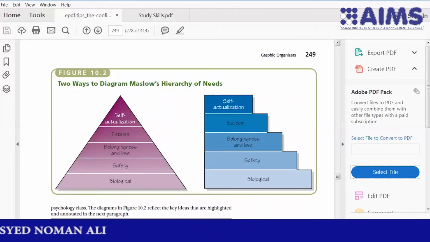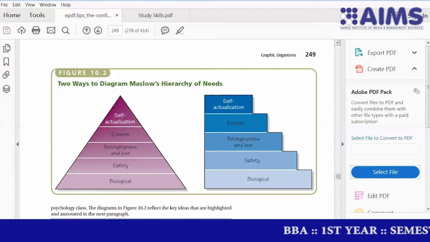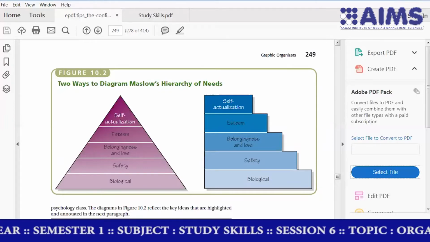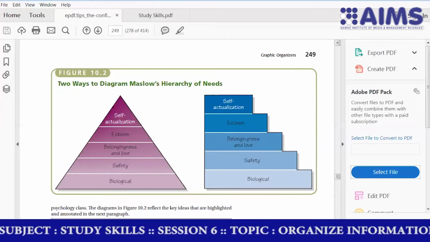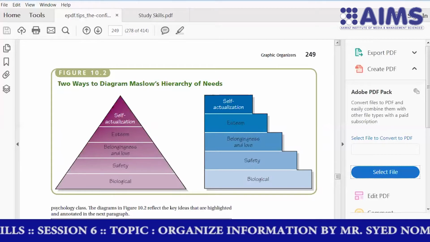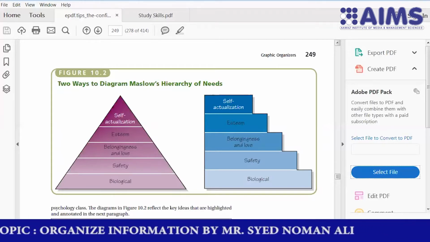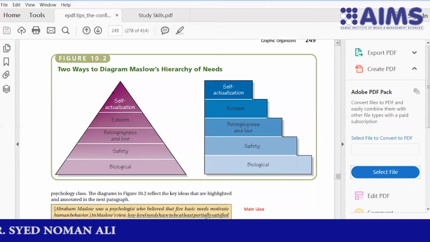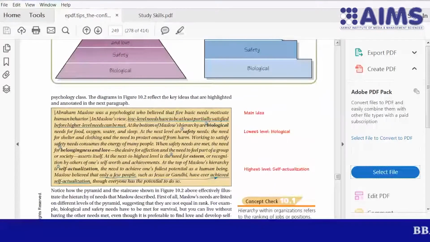The first is the biological need; when we satisfy it, we go toward the next level of need. Then belongingness and love, esteem, and the final one is self-actualization. These are stages, steps from bottom to top and top to bottom. So this will be well explained in the form of hierarchy diagrams.